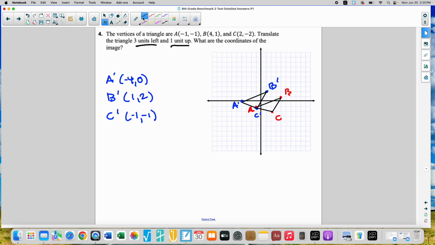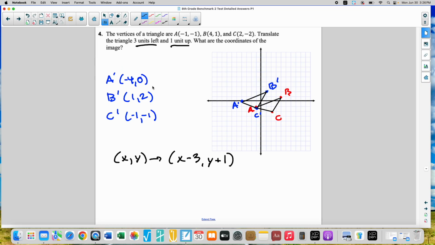This is advanced, but this is important, and I'm pretty sure they teach you this, is the transformation. So for every x point, we're going to go -3, and every y coordinate, we're going to go +1.